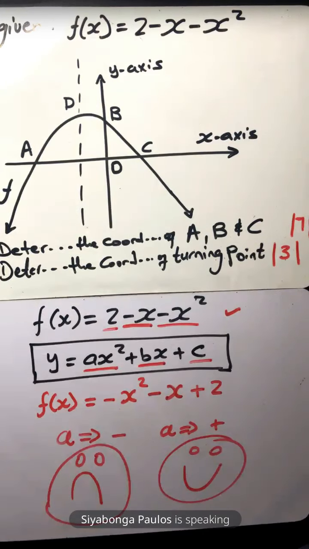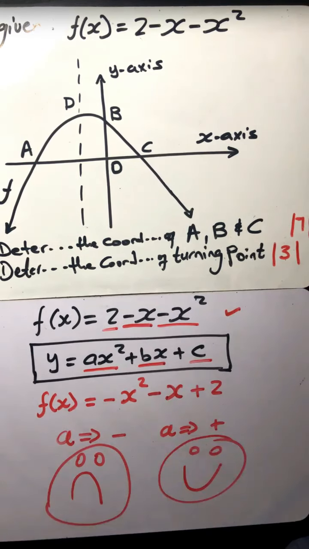Mr. I think it's a sad shape. So why or what makes it to be a sad shape? Because our x value is negative.